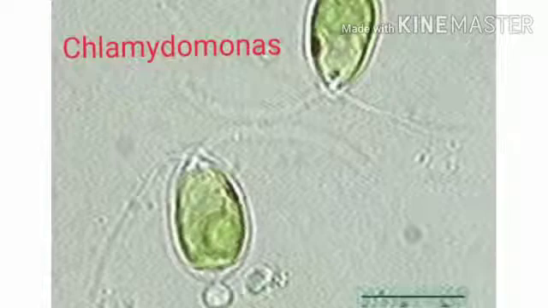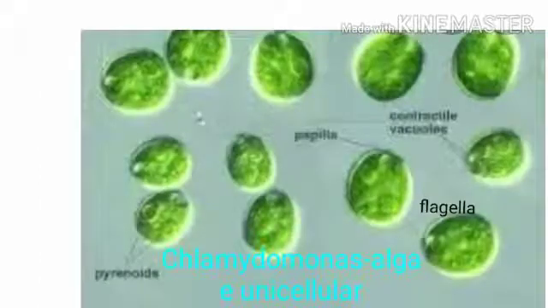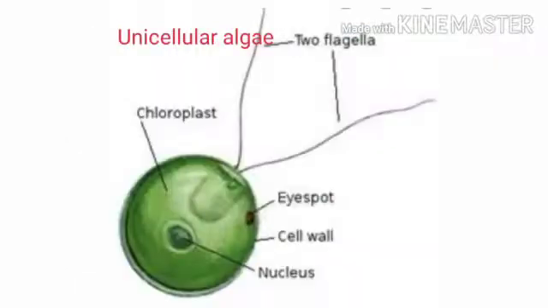In Chlamydomonas, the unicellular algae, the body is simple, unicellular, spherical. Cytoplasm is surrounded by plasma membrane. There is a cell wall, of course, present. It's a plant cell. A cup-shaped chloroplast is seen, and a food storing site called pyrenoid is also present close to the chloroplast.